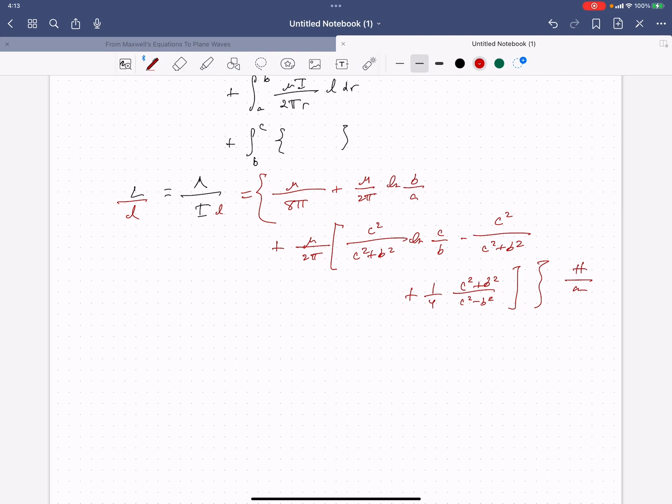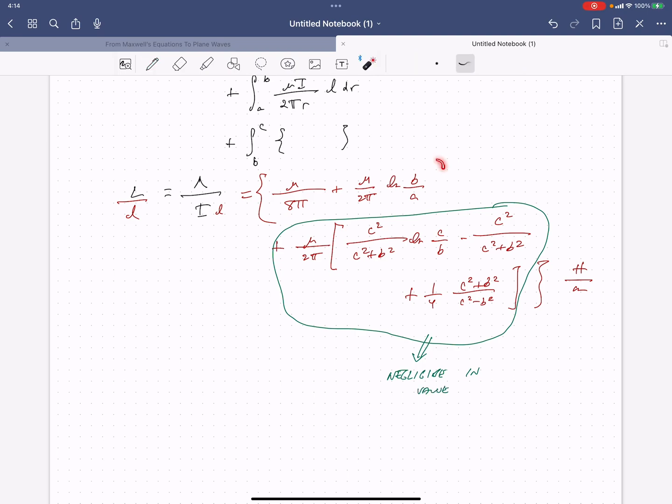So that's the total, and this inductance looks somewhat complicated. Did I do this right? Yeah. Fortunately, it turns out that this part is usually negligible in value.